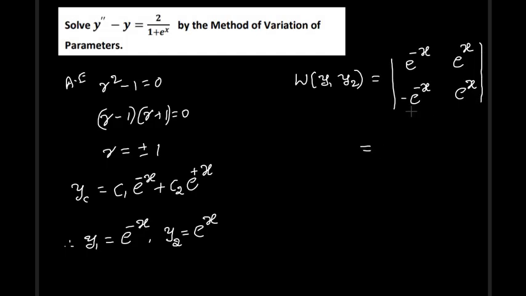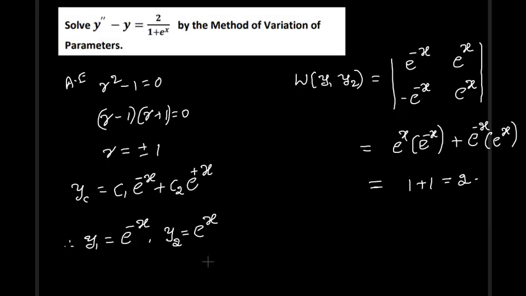Now if we take the multiplication, this is e power x into e power minus x, and minus into minus, this will be plus e power minus x into e power x. e power x into e power minus x becomes 1, so 1 plus 1, finally you got 2. So this is the Wronskian. Now we need to find a of x and b of x. Let me write what is g of x here on the right hand side, which is 2 over 1 plus e power x.